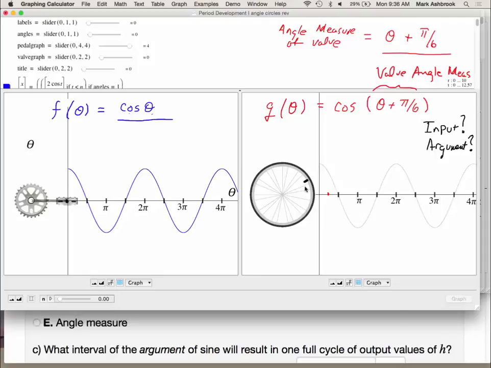So if we're starting the pedal cycle when its angle measure is 0, then the valve has already started its cycle by how much? Pi over 6. So if I turn on, notice it's already started. Can you see that right there? When the pedal angle starts, if the tire valve is ahead by pi over 6, it's already started its cycle here.